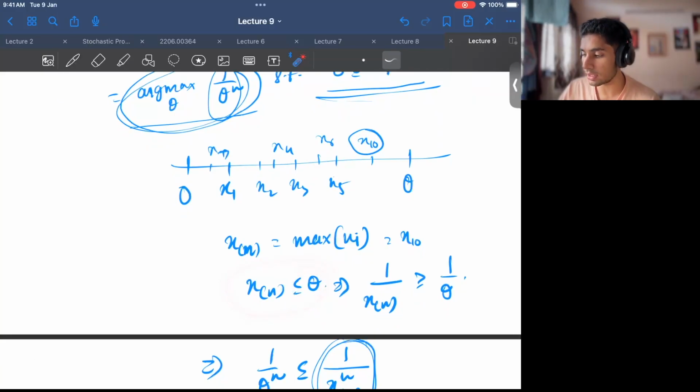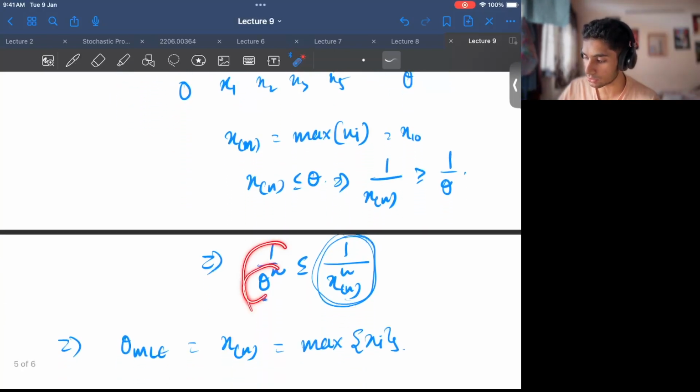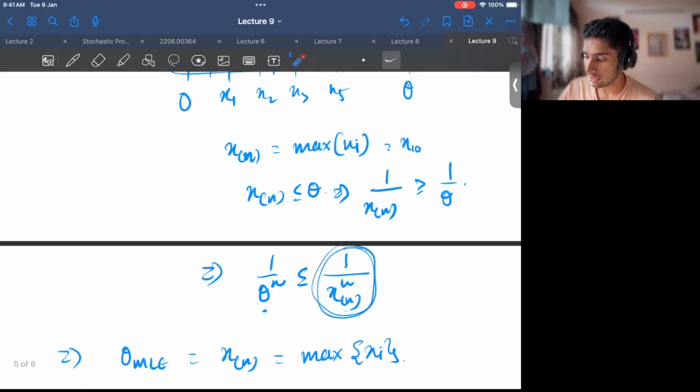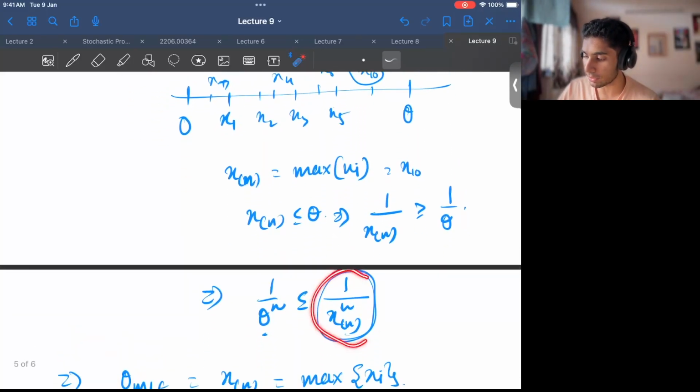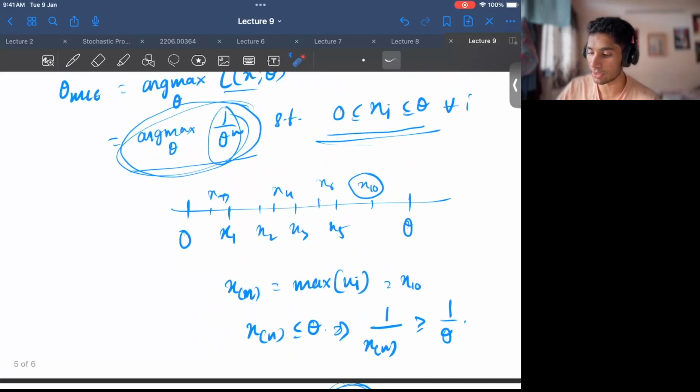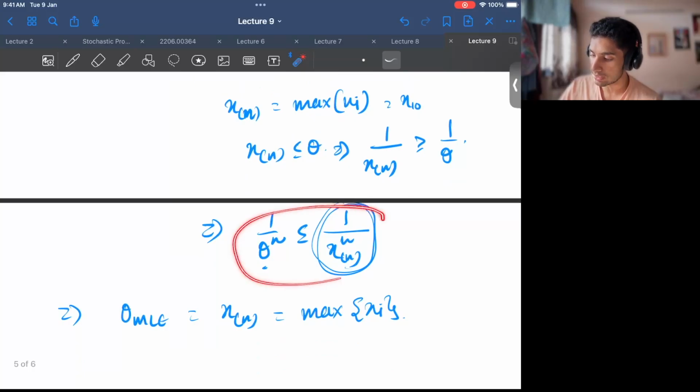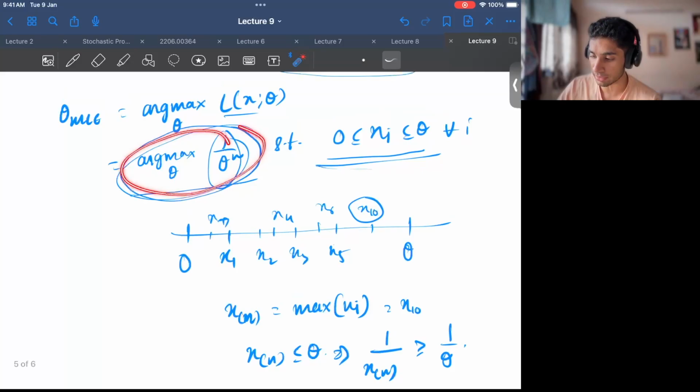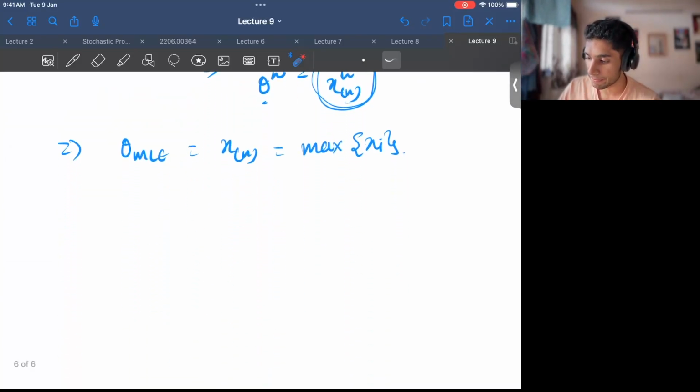And using this inequality, we can say that 1 over x sub n is greater than or equal to 1 by theta, and hence 1 by theta raised to n is less than or equal to 1 by x sub n raised to n. And this is the maximum value that it can achieve, because eventually we have to maximize this using this constraint, and this thing encapsulates both: it is maximizing this objective function and it is satisfying this constraint as well.